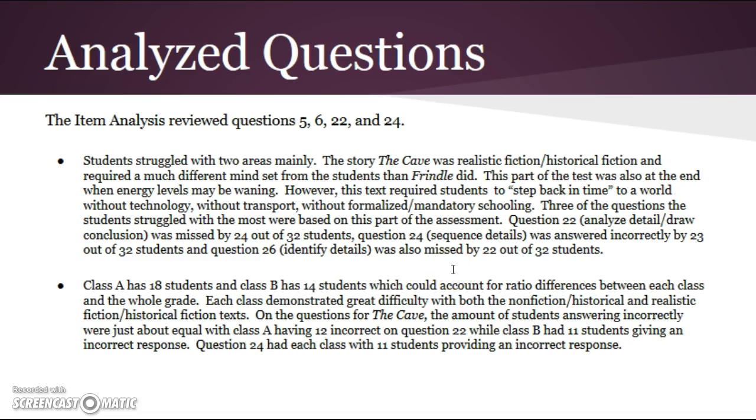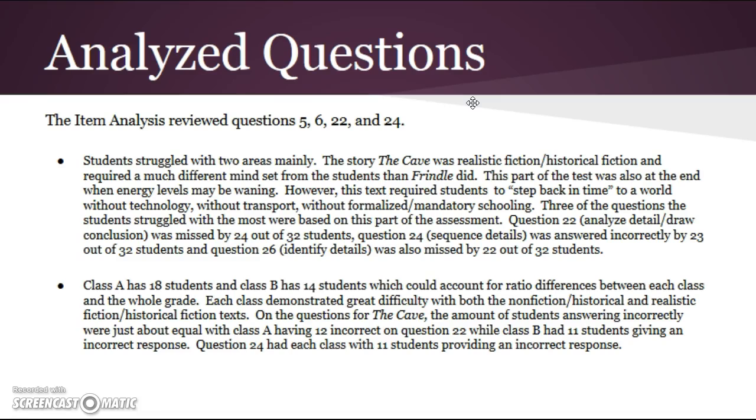We thought the most important thing about analyzing these questions was trying to get to the root of why students selected an incorrect answer. We found that students struggled with 2 main areas, and as we said before, we thought that it might have something to do with the genre of the text and also at what point of the assessment the item was located.